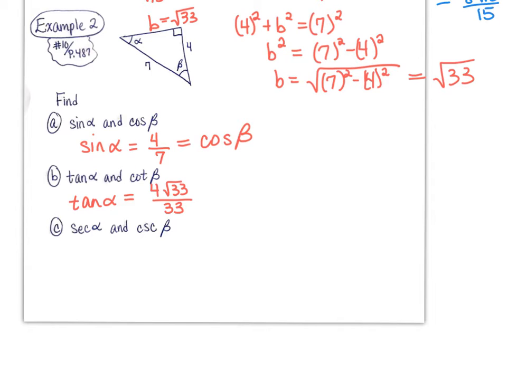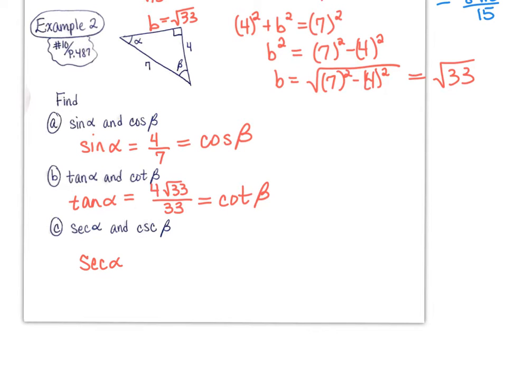What's cotangent of beta? Adjacent over opposite. So it's the exact same thing, right? Good. So that's the same thing as cotangent of beta. Very good. What is secant of alpha? Hypotenuse over adjacent. What's your hypotenuse? 7. Over adjacent, root 33.